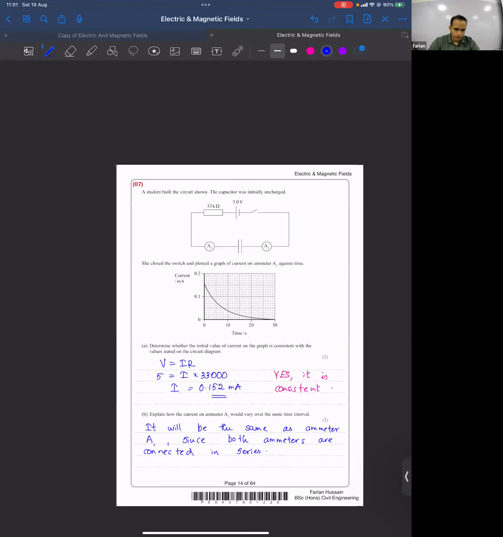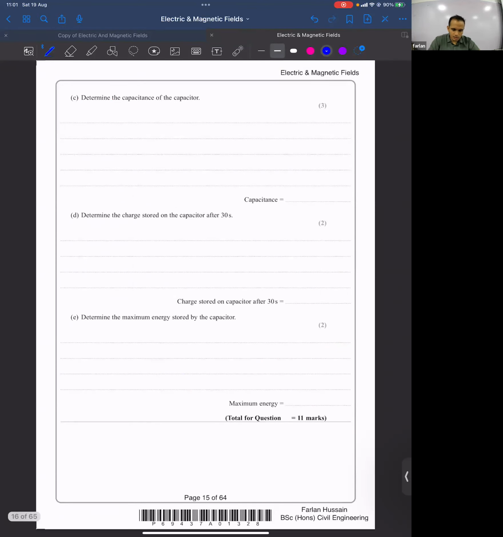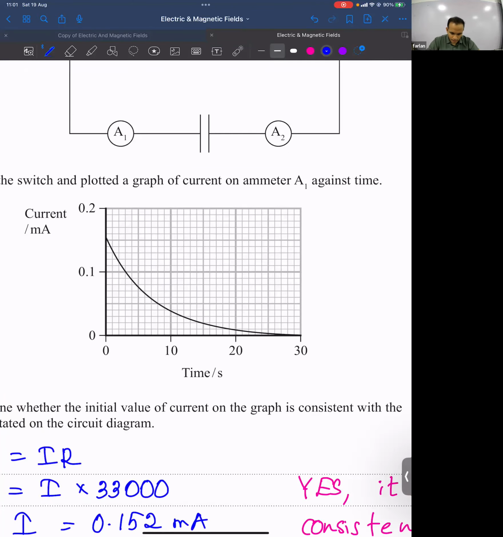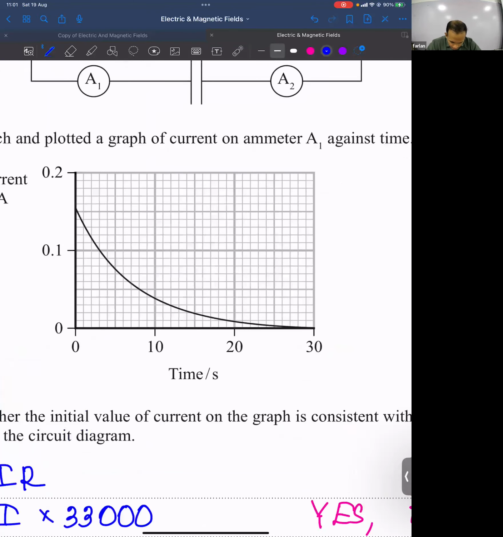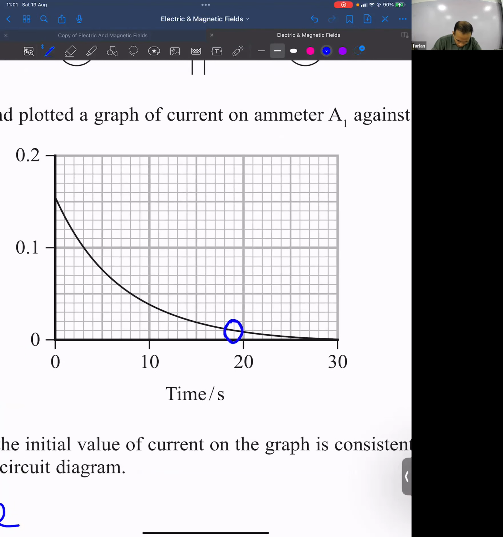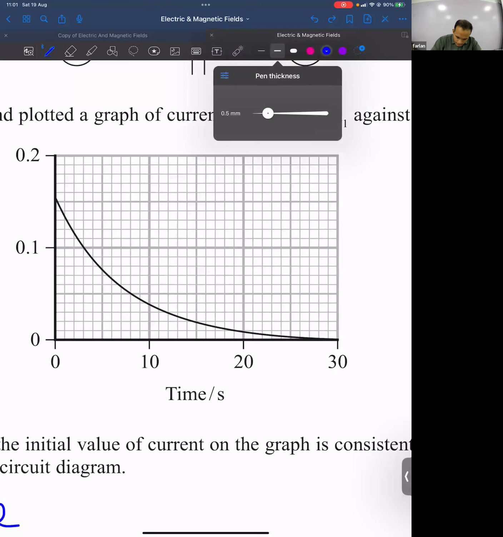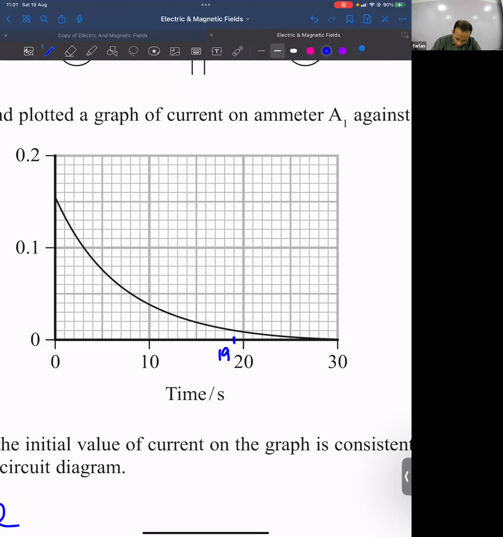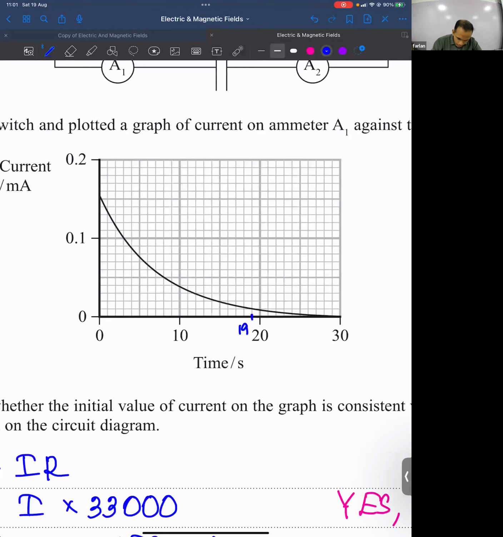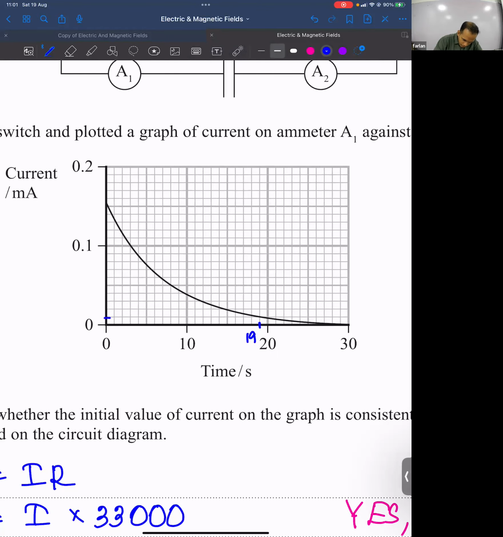Right. Determine the capacitance of the capacitor. Guys, what if I take a point again on this graph, a well-known point. I will take this point, which is when the time is 19, the current is 0.01, correct me if I'm wrong.